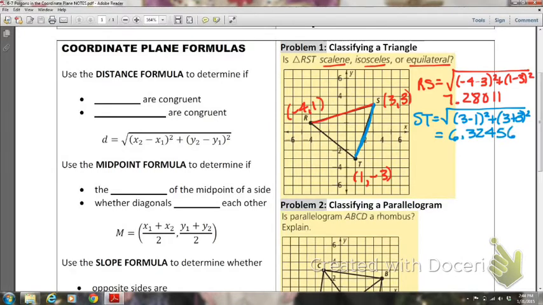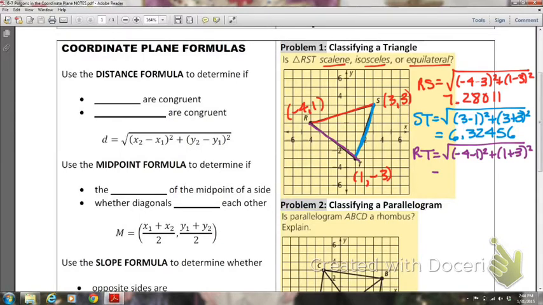6.32456. And then the third side is between R and T. So RT is equal to the square root of the difference between the x values, (-4 minus 1) squared, plus 1 minus the negative 3, which is 1 plus 3, squared.